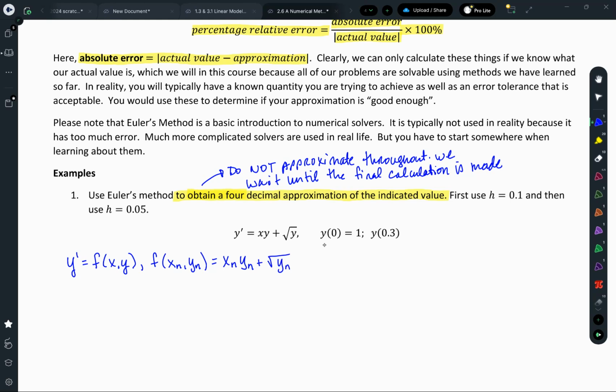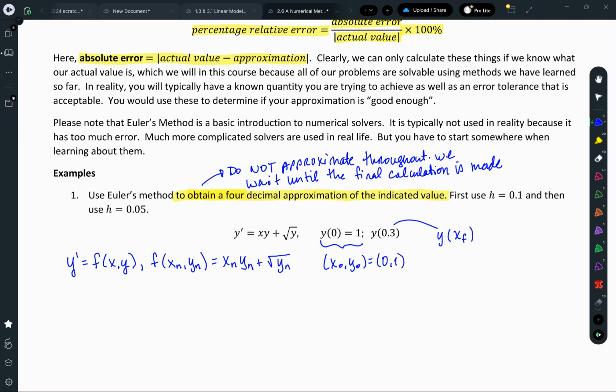The y of 0 is equal to 1. This is telling me that x naught, y naught is equal to 0, 1. Okay, the y of 0.3, this is telling me my y of my final x value.